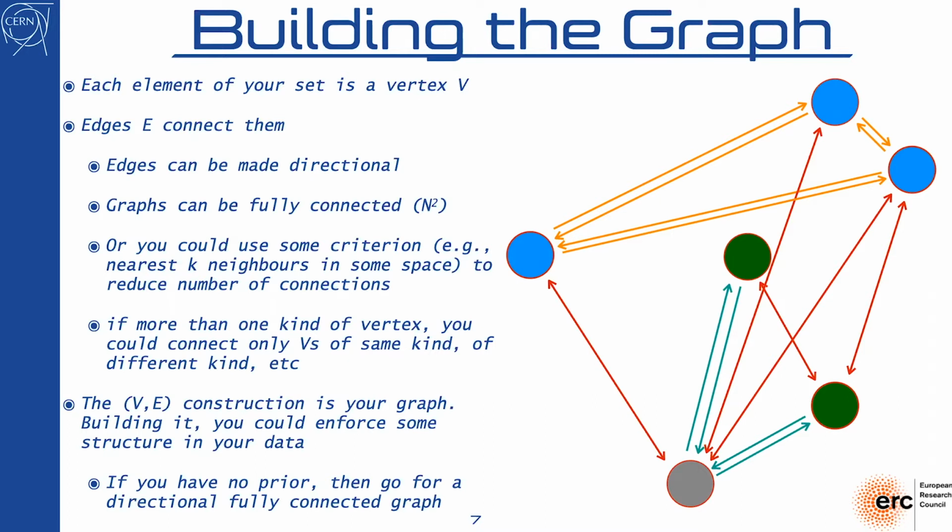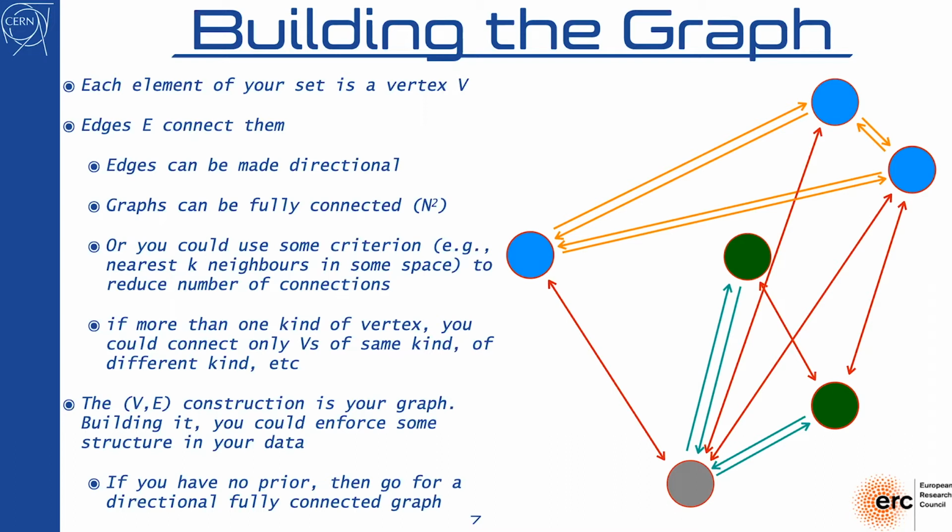For instance, the items in your set might not necessarily be objects of the same kind, but could be objects of different kinds. We will see an example soon. Certain connections would make sense and certain connections would not, and you would just not put those connections there. It's like in a dense neural network, if you knew a priori that certain connections are relevant and certain are not, you would drop those.